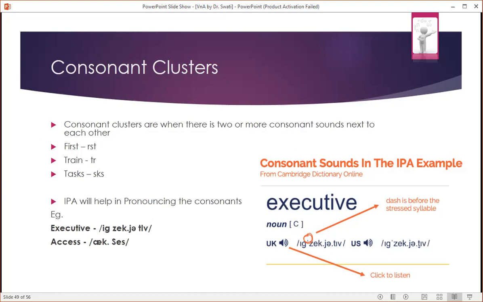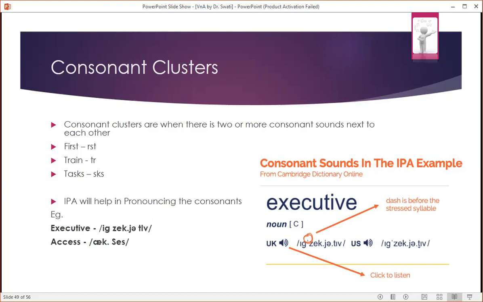You can practice more by taking examples like I have shown you, let's take the example of 'executive'. If you read these words and see the division of consonants and vowels in the word, then once you know the symbol, you can easily read it.